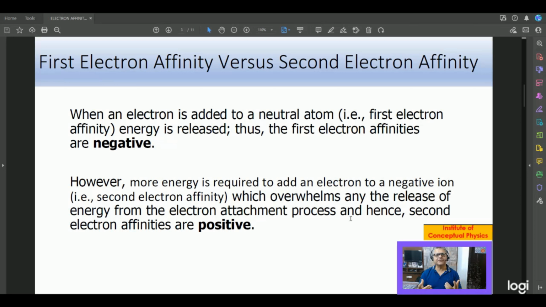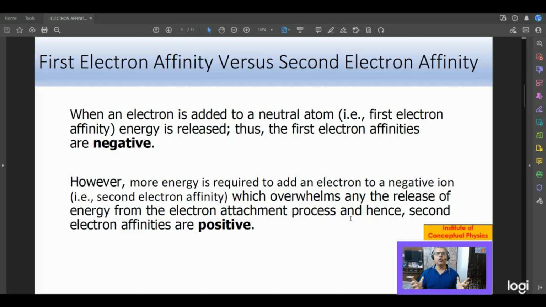It will surprise you. The first thing is, if you pick up a neutral atom, when it gains the electron, at that point it will demonstrate that the system has lost energy. So now we are referring to what is called the first electron affinity, which means the system has taken the first electron.